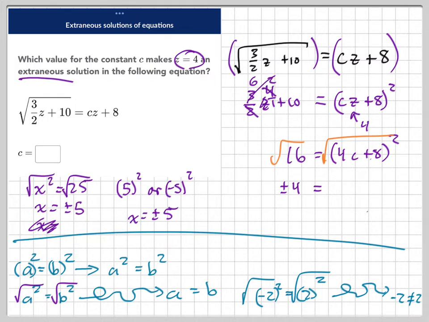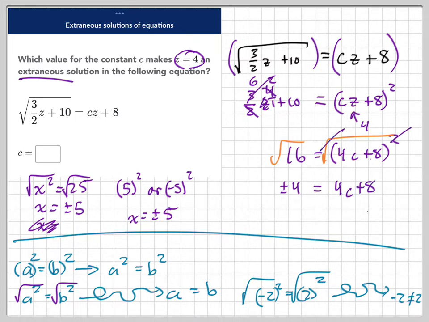Because whenever you make a square root on both sides, it's an inverse operation. In order to get the x alone, you have to have the plus or minus 5 because it can be plus or minus 5. So whatever is inside here can be a positive 4 or it can be a -4. So we have 4c plus 8.